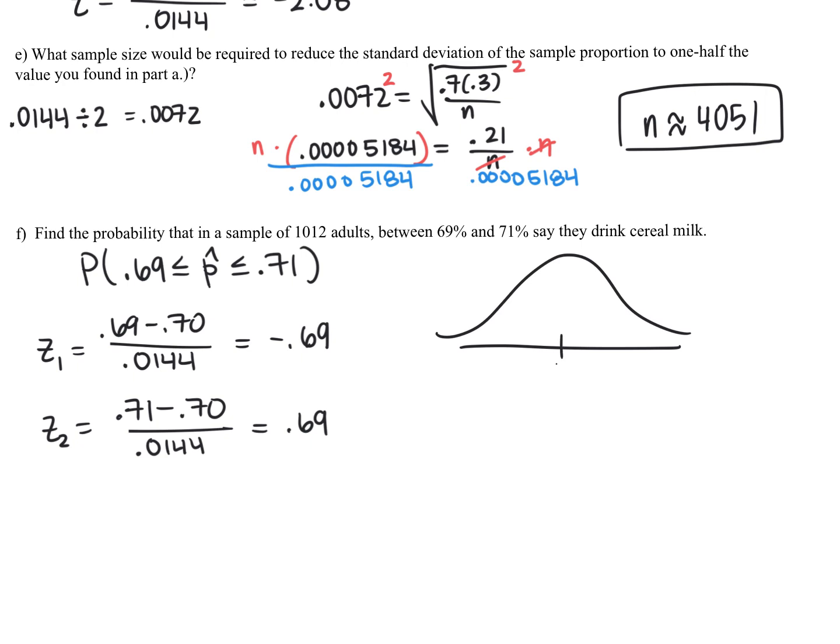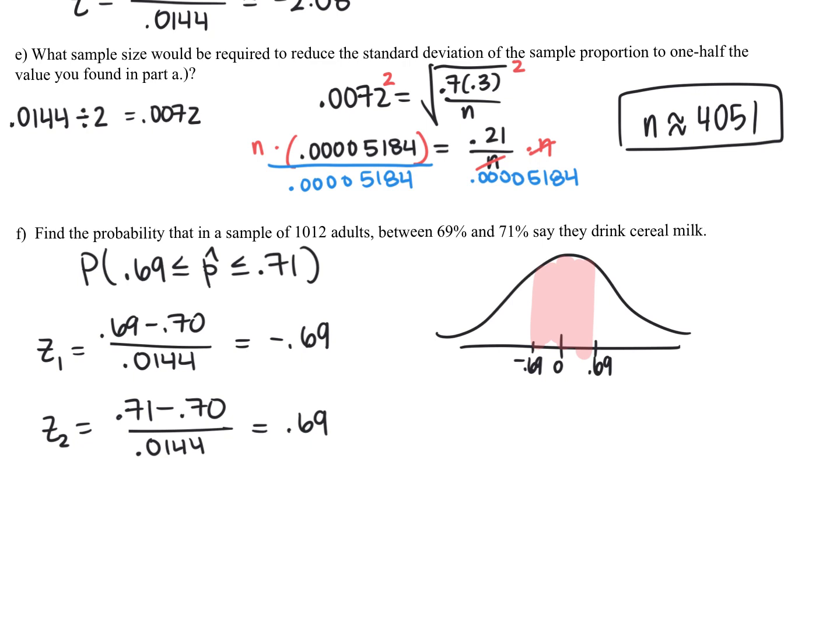So in my distribution, I have my mean. I'm at my negative 0.69 and the positive 0.69. I'm trying to find the probability in between those.